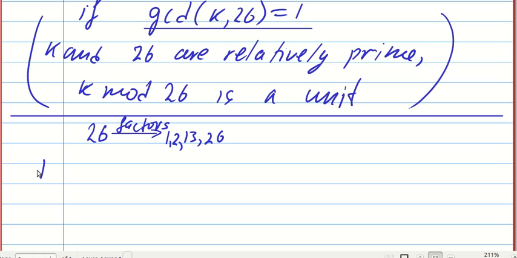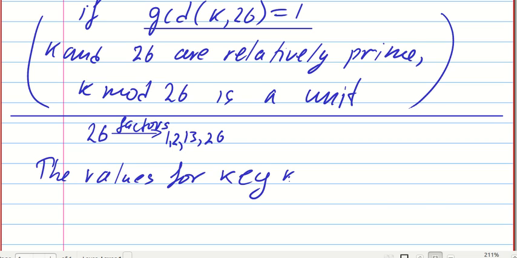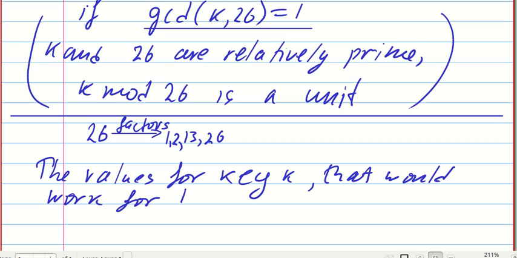So the values for k that would work for the decimation cipher.